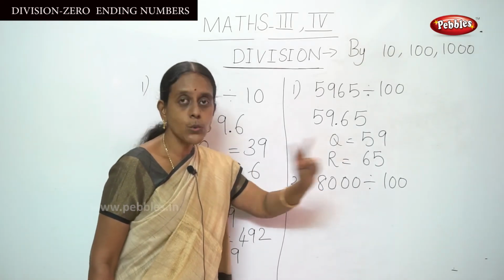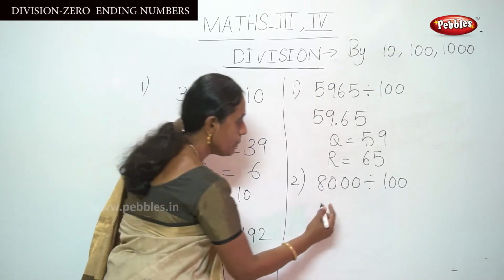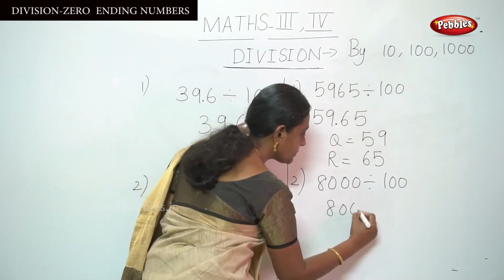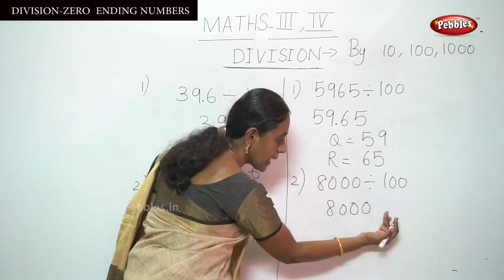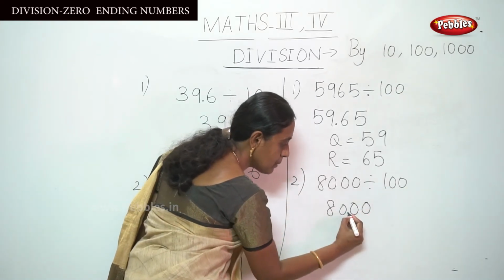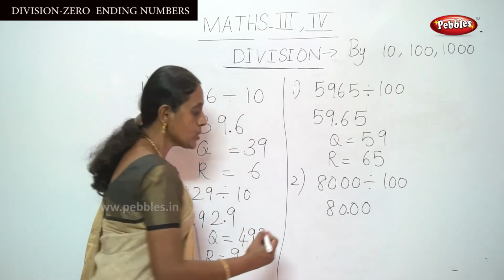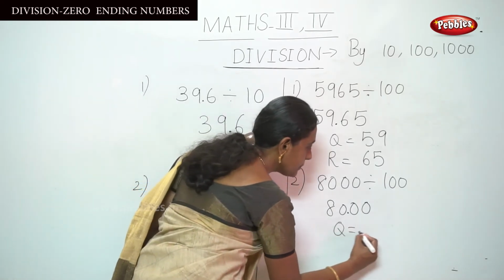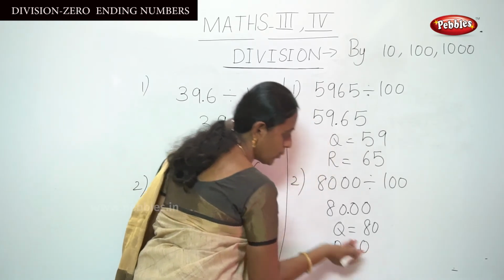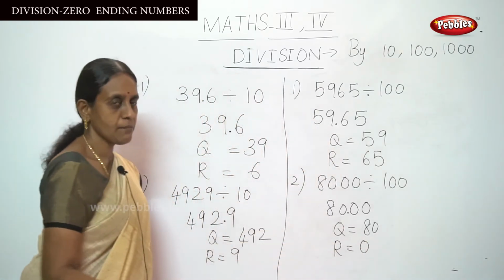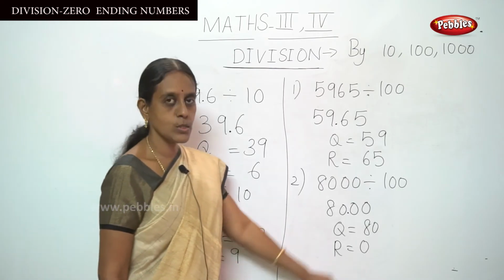Now there are 2 zeros, children. Count the zeros, 1, 2, from the right towards our left, and put the decimal point here. So the quotient is 80 and the remainder is 0. Putting 0.0 is also the same value. The answer is 0.